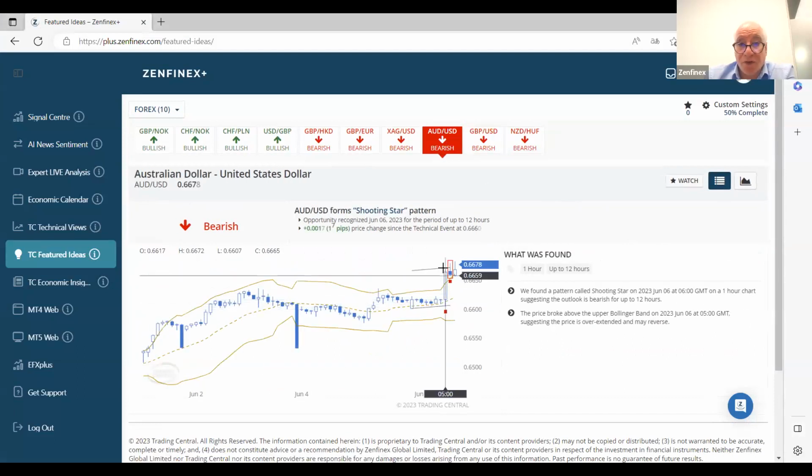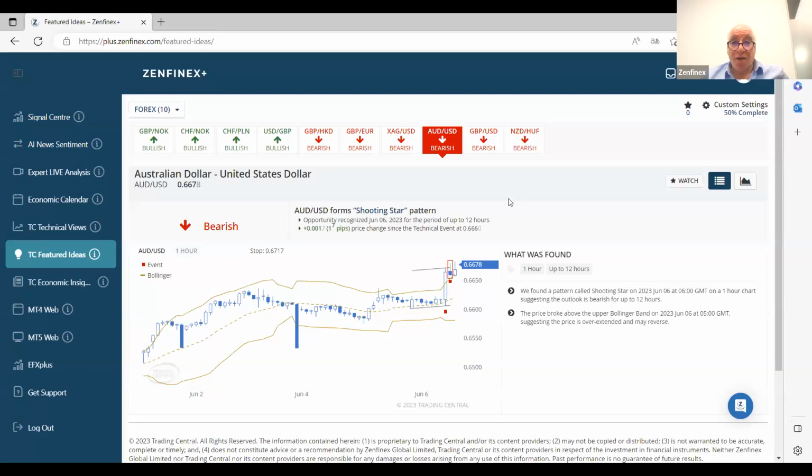Like, it moved up. We've had a pattern called shooting star, so they're looking really from an hourly perspective. I don't think it's a very strong selling indication. If it does come down, it'll be just for a very short period, probably down to this level here, and then continue going up. So I'm actually bullish on this, to be honest with you.